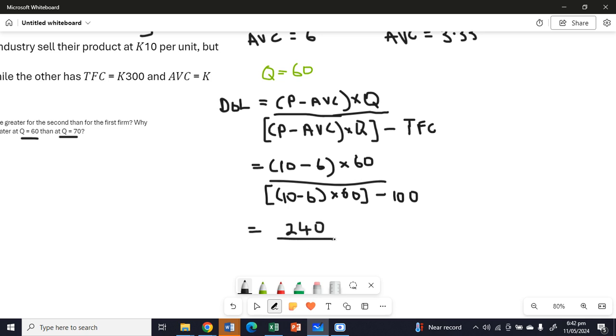Divided by this same tabulation here, we get 240. 10 minus 6 times 60, you get 240 minus 100.